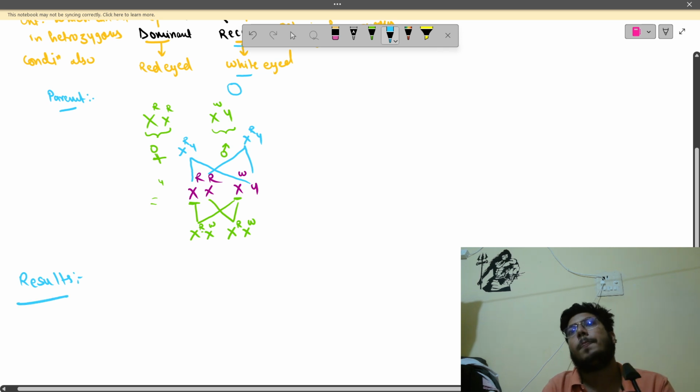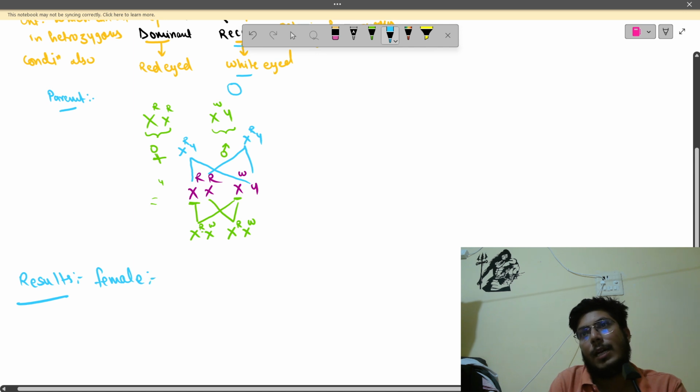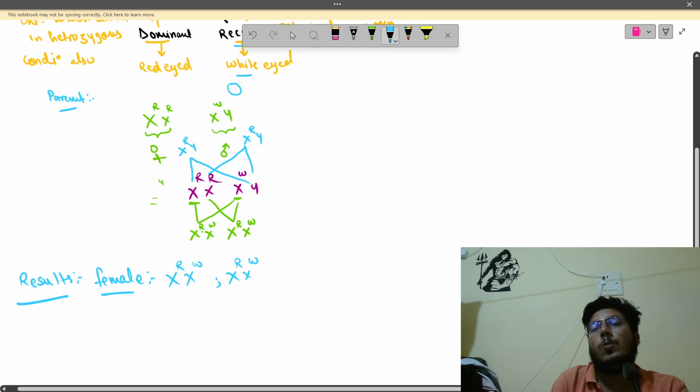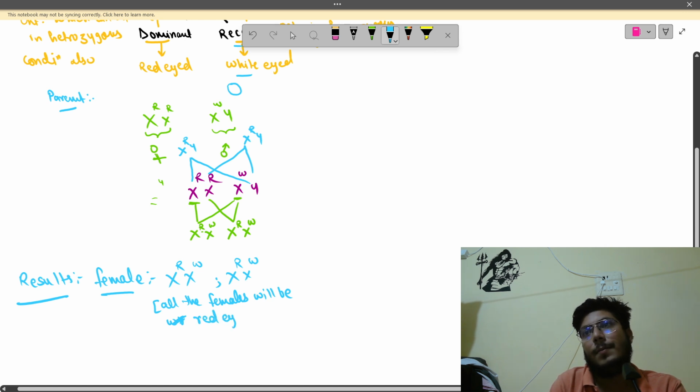We are getting for female child or female progeny the genotype XRXW, XRXW, which ultimately means all the females will be red-eyed.